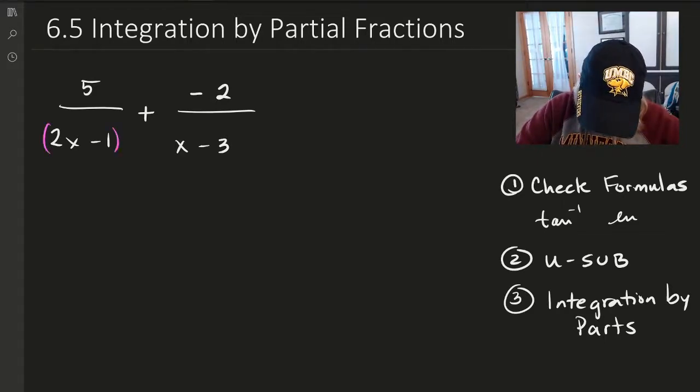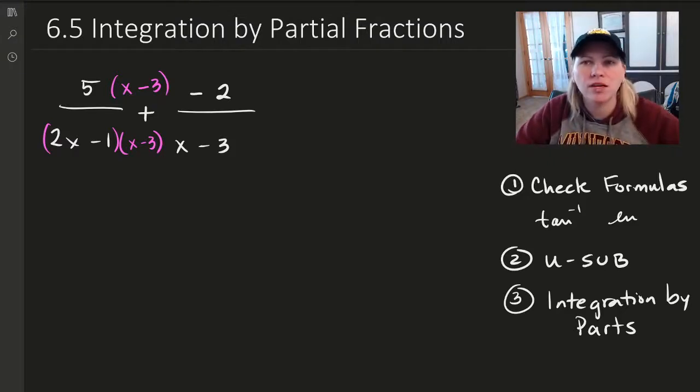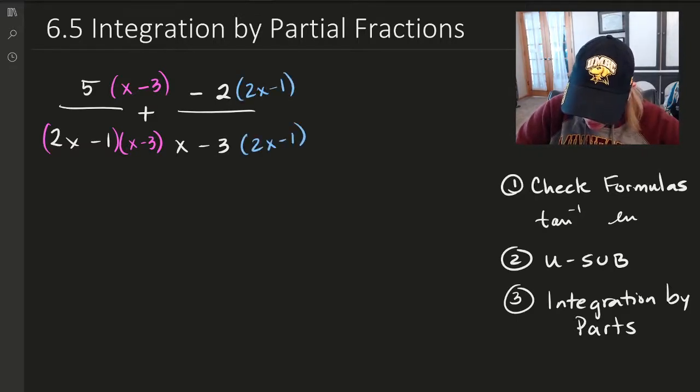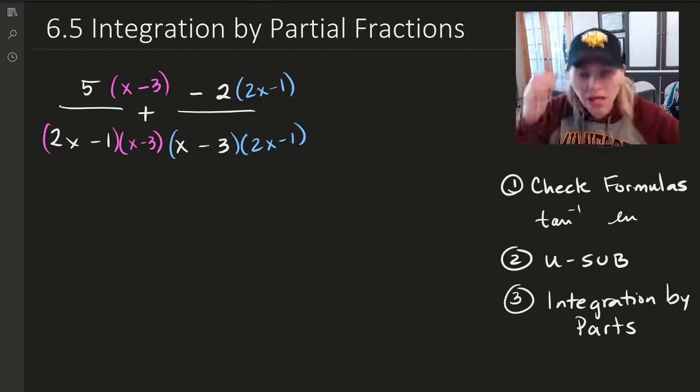So I'd multiply by what's missing. On the first fraction, I would multiply by x minus 3 to get a common denominator of 2x minus 1 times x minus 3. On the other fraction, I would multiply by 2x minus 1 over 2x minus 1. Remember, you have to do the same thing in the numerator and the denominator so that you're multiplying by 1.